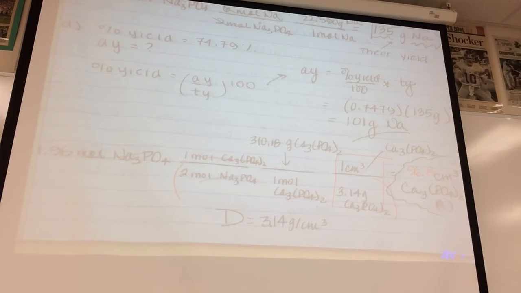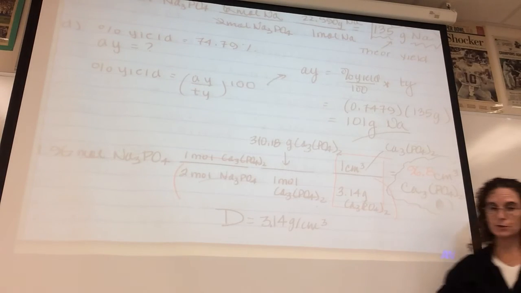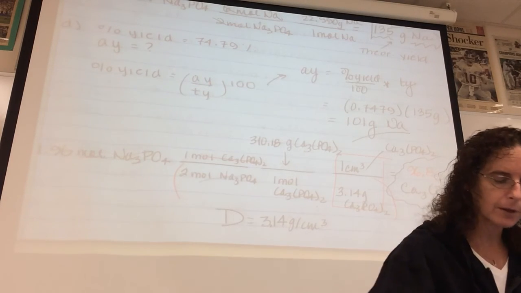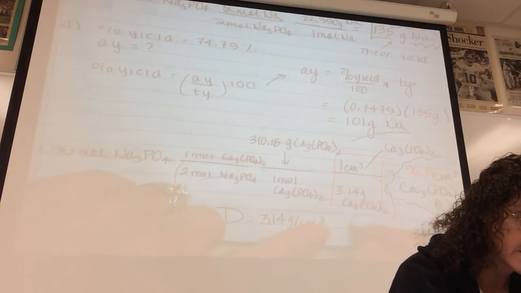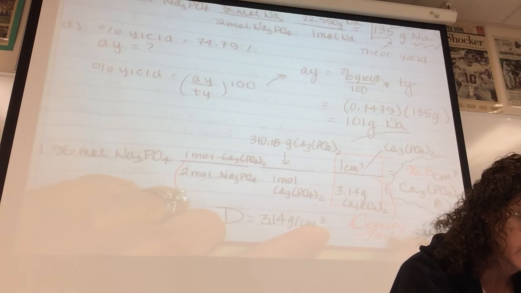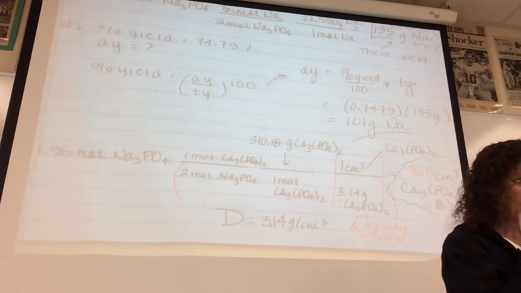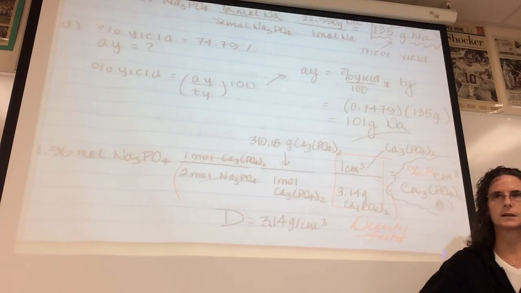And then finally, you use that density factor that we talked about the other day in the last step. Right here is your density factor. If you're solving for volume, it's actually the reciprocal of density. And you will have the volume of the substance.